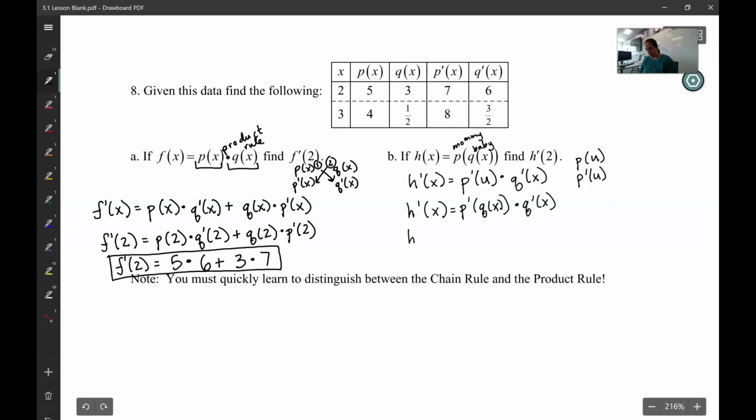And I want to find h prime of 2, so go through and replace all your x's with 2's. And now we start to evaluate.